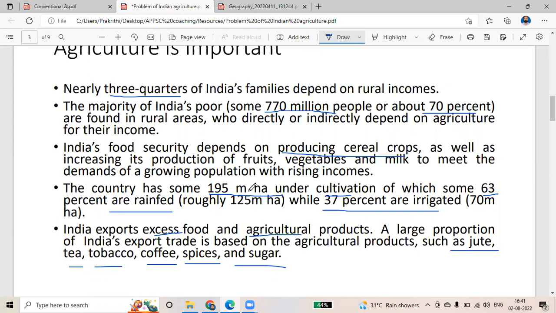They need food as well. So the agriculture sector provides all these things. That is the importance of agriculture for India.